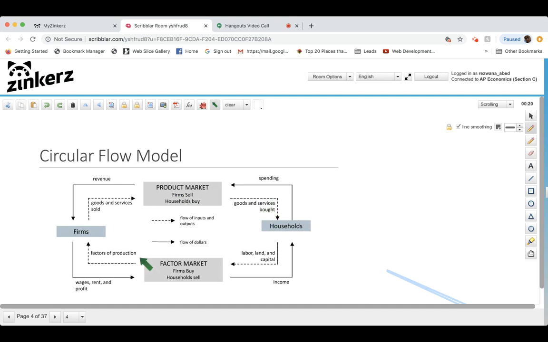So it's one loop. It goes from firms in the product market to the households, and then the factor market, and then comes back to the firms, using these factors of production to produce goods and services that they are going to sell in the product market.